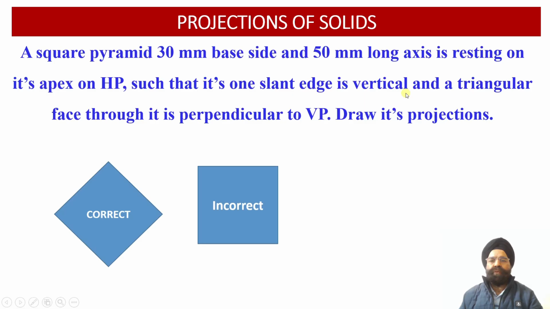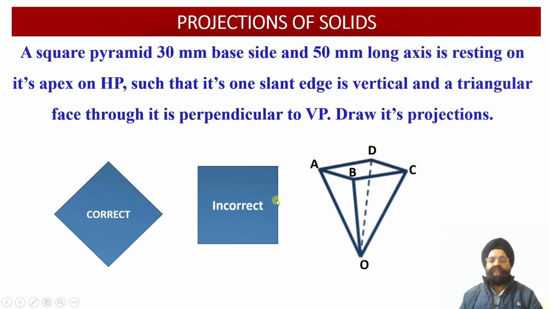So let us first of all evaluate the orientation of the square pyramid with respect to the horizontal plane. If we locate the square pyramid in this orientation, then what will happen?